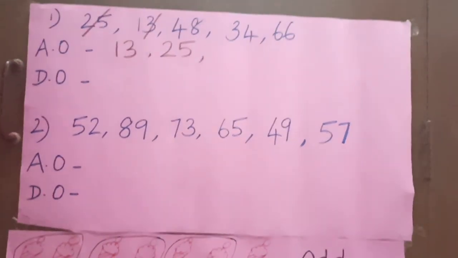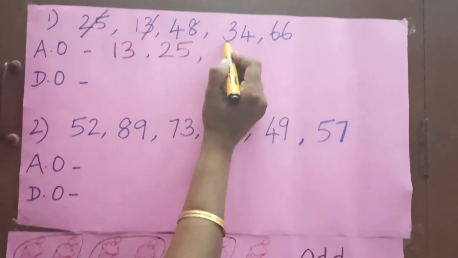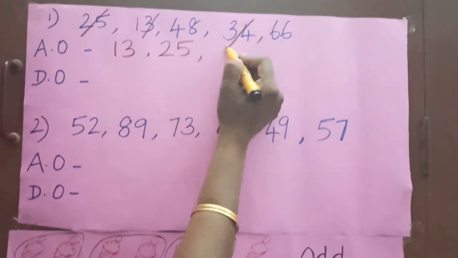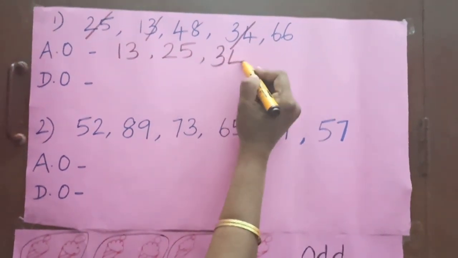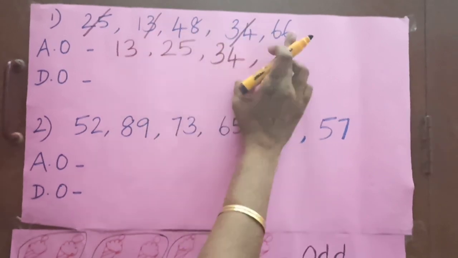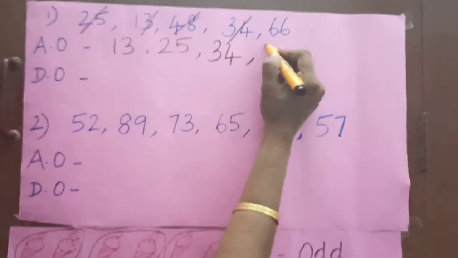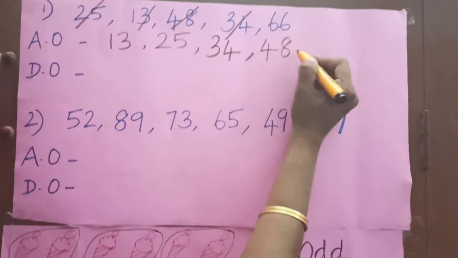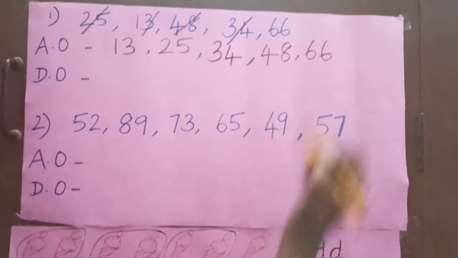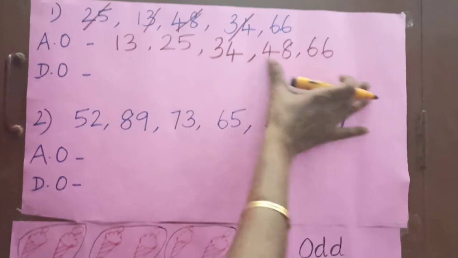What number has to come? See here, tens place, 34. This is small. Now, only 48 and 66. Which is lesser? Exactly, 48. The last is 66. So we have completed the ascending order.